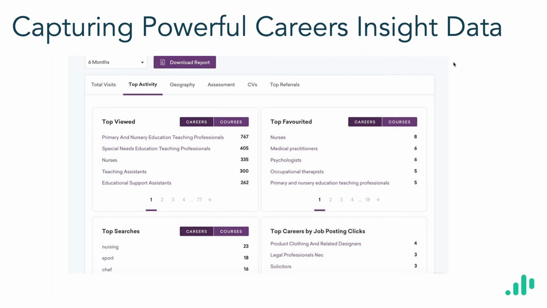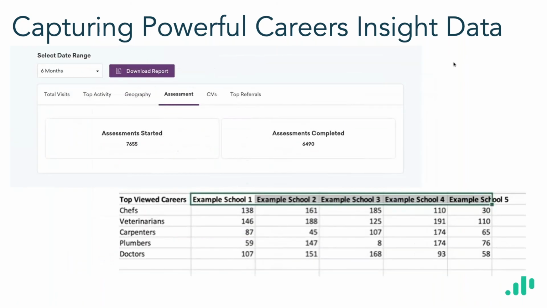So having this information about student demand can be really beneficial. And again, this example looking at the number of assessments completed really helps to give data to support education regulators and quality assurance marks for careers in terms of those assessments.